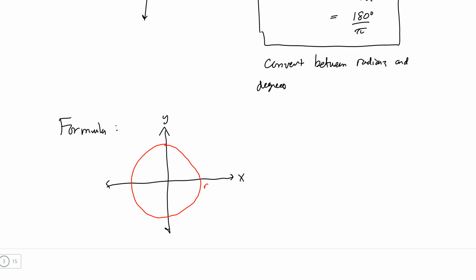Let's say this circle has a radius of r. Now if I take some arc length, and say this angle is theta, the arc length from here to here is r theta. So this might come up later in our study of calculus.